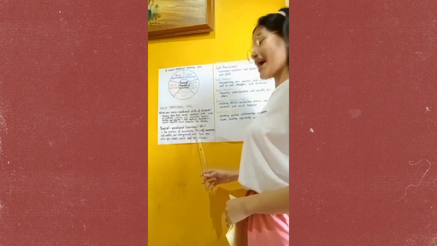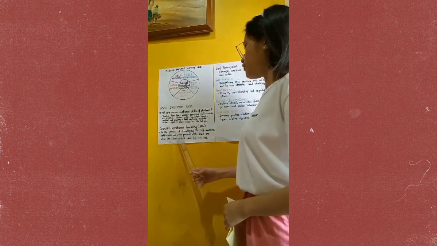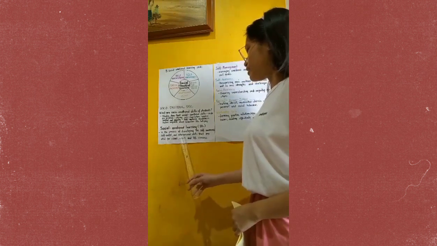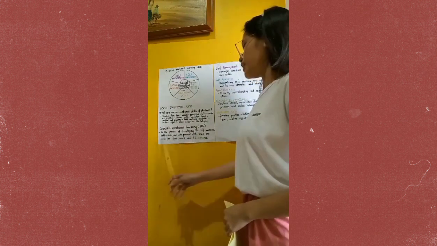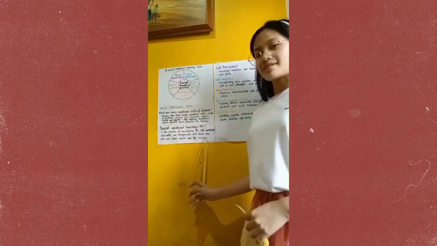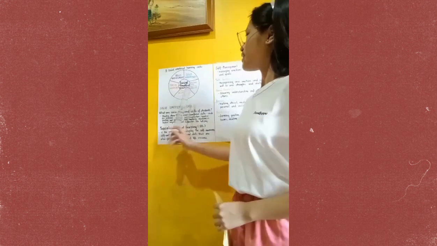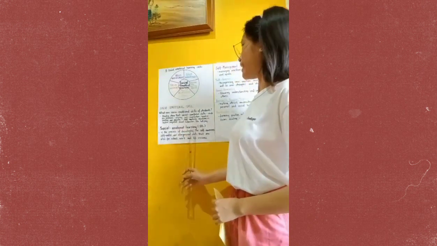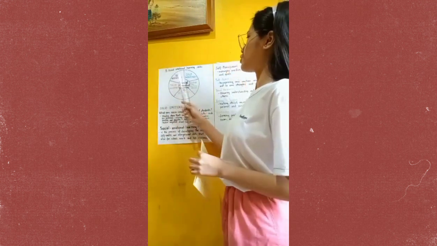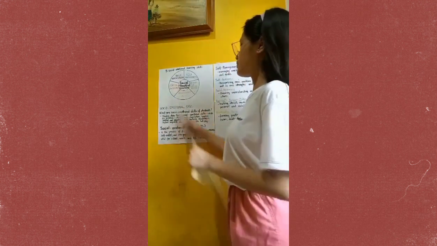Social-emotional learning or SEL is the process of developing the self-awareness, self-control, and interpersonal skills that are vital for school, work, and life success. In our social-emotional learning, we have 5 core social-emotional learning skills.